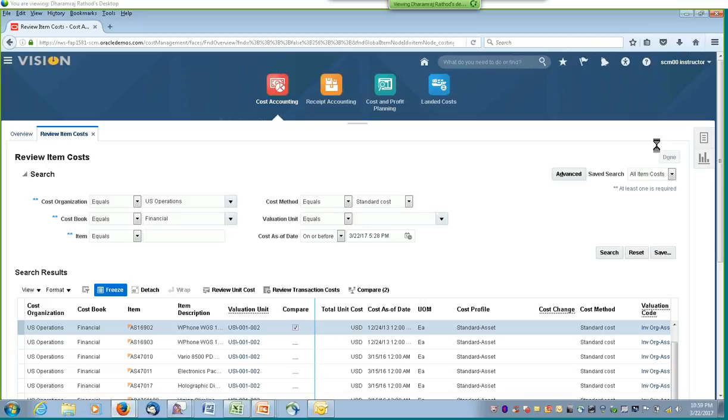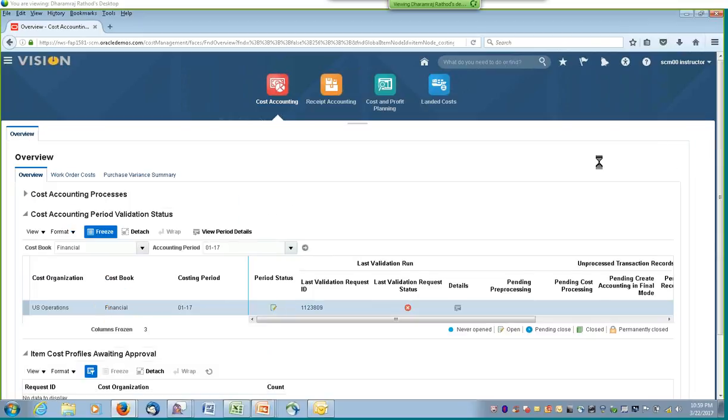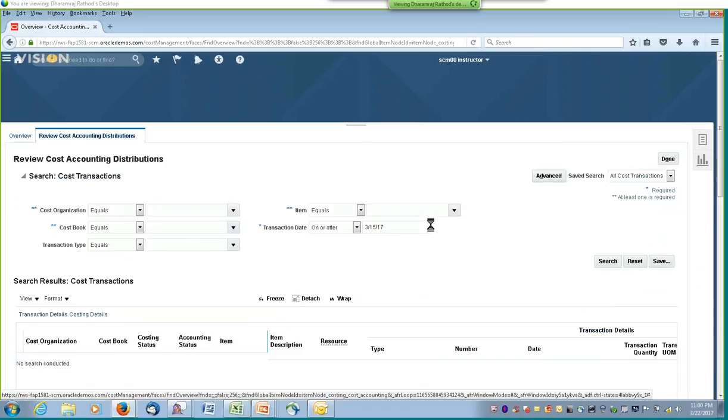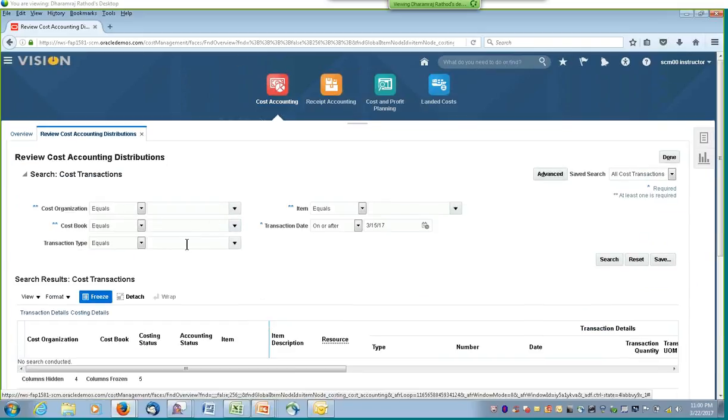You could go review the cost distribution. When you review the cost distribution, you will be able to see it by the cost element. Review cost accounting distribution. Again, everything is in context of cost organization and the cost book.